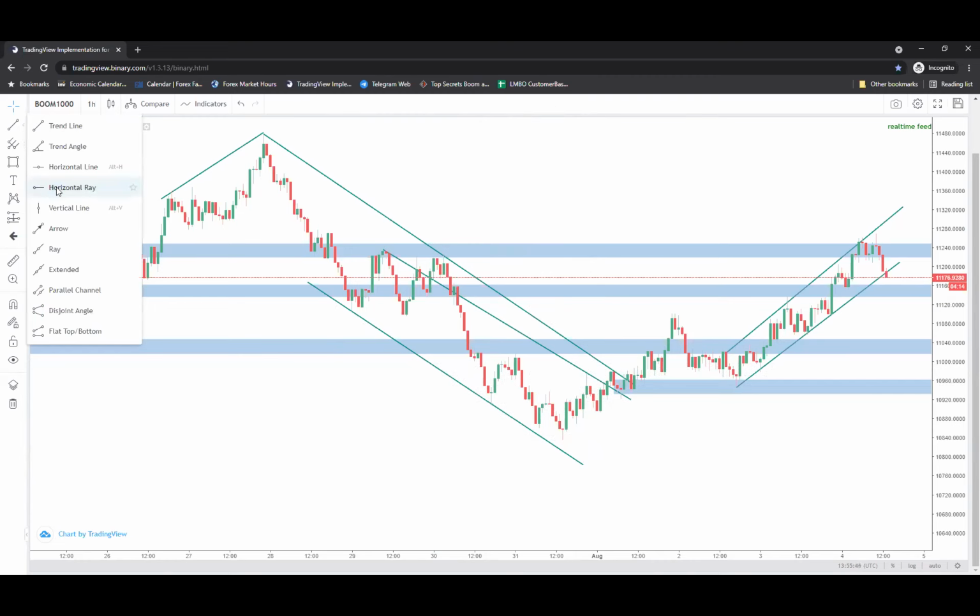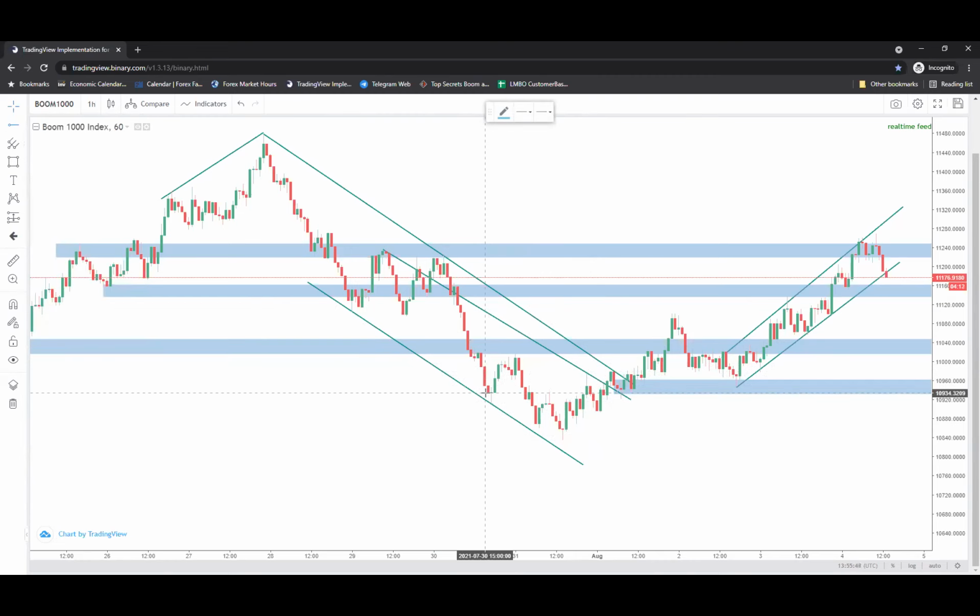Now let me draw a layer here and show you. Okay, this is a previous low where the body starts and the wick starts. I'm putting another line here.